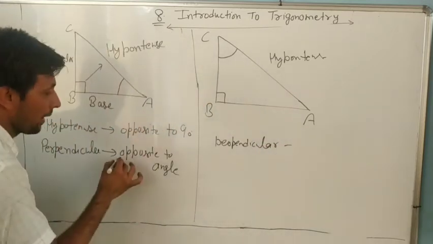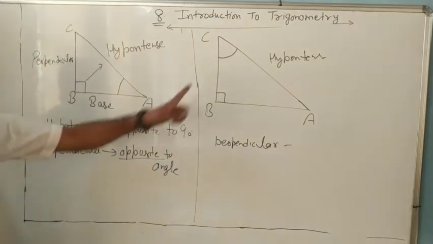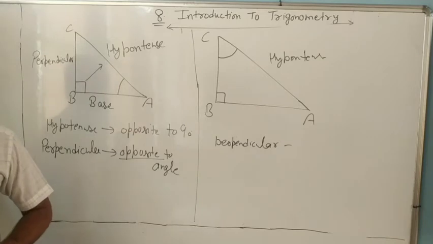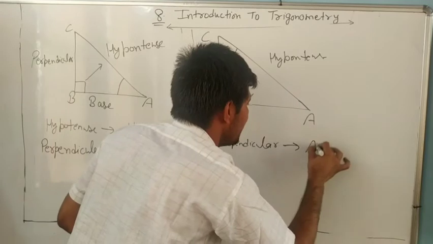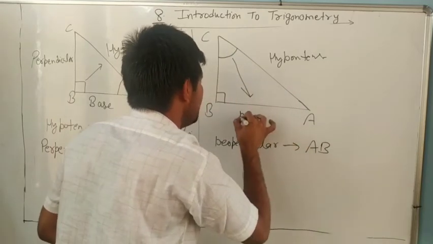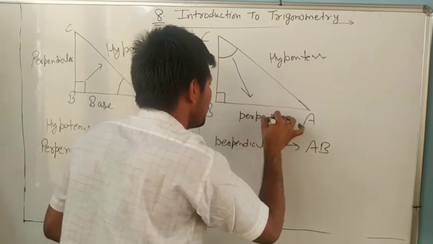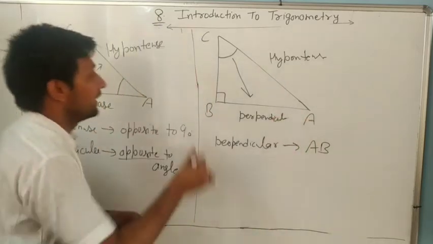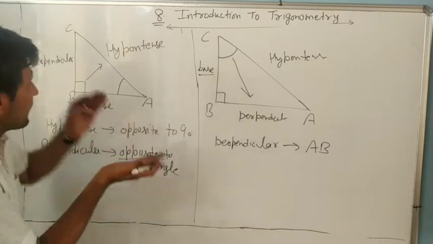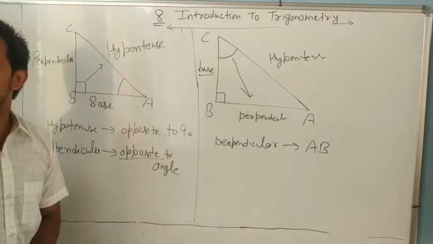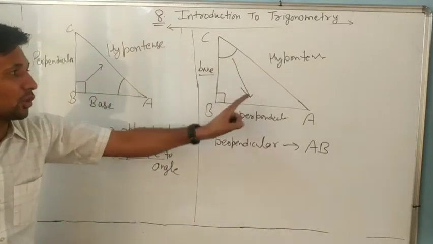Perpendicular means opposite to the angle. Now the angle we are taking is C, so opposite of this, which side? Perpendicular is AB. And this is the base. So don't think base always means the downside.